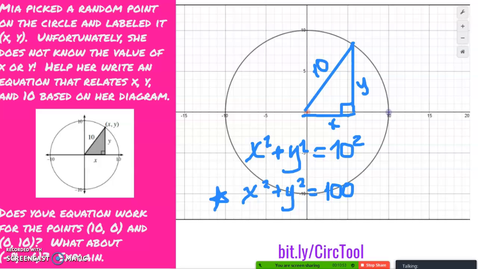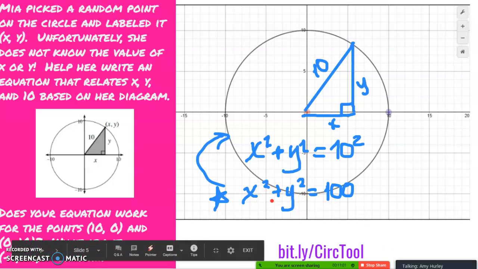This is the equation for this circle. If you pop this equation into a fancy calculator, or plug it into Desmos, you're going to get this exact circle. This is the equation that creates that circle.